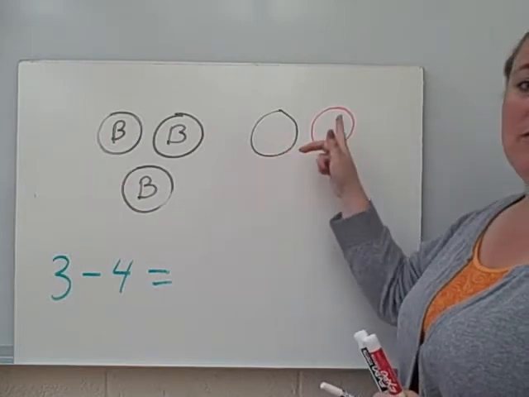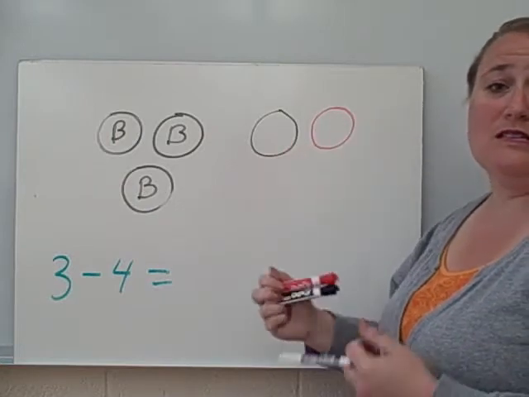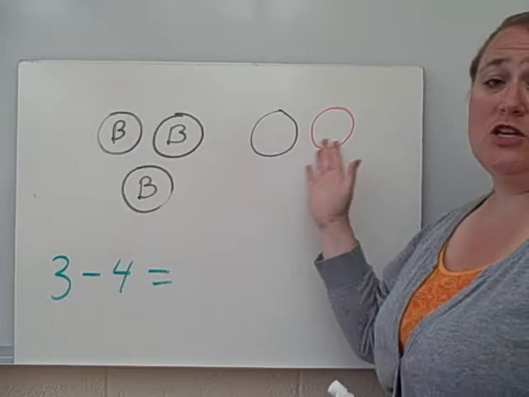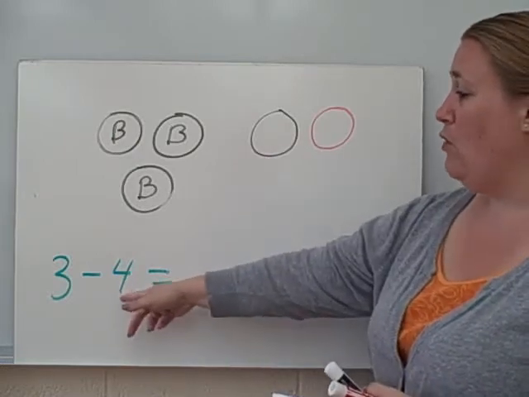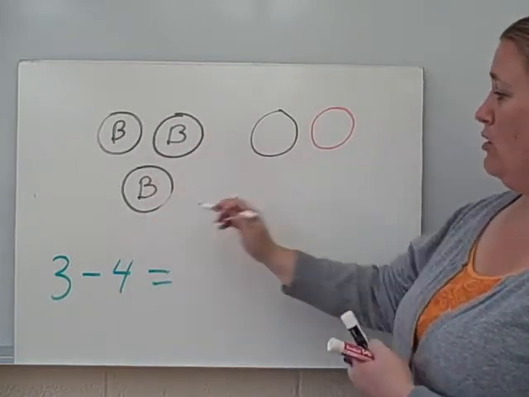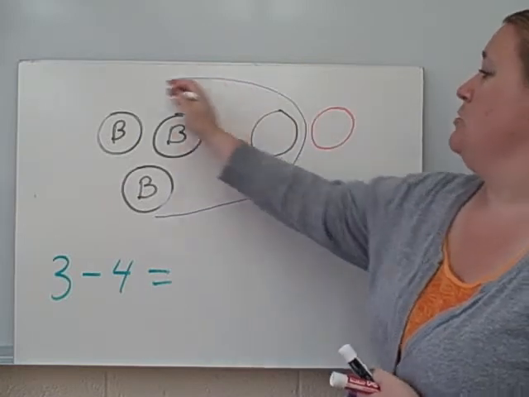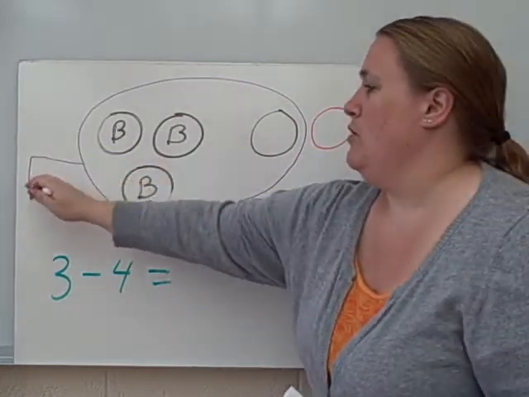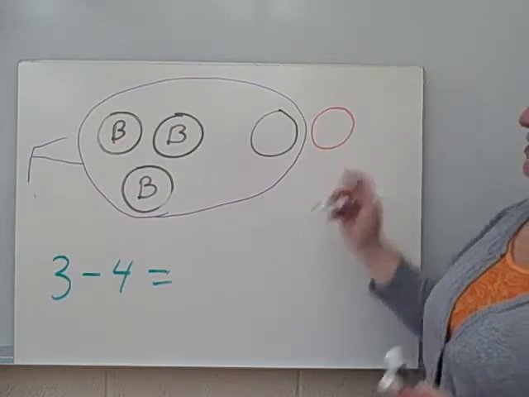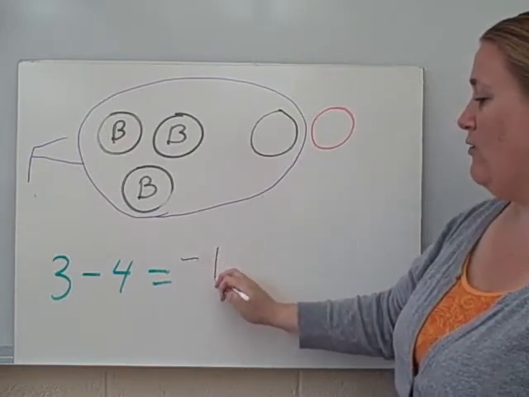Remember, a positive and a negative equals 0. So I'm not changing the value, but now I can take 4 away, and that leaves me with a negative 1.